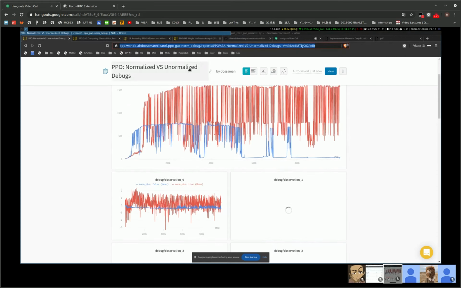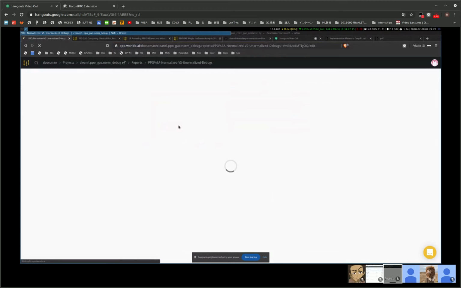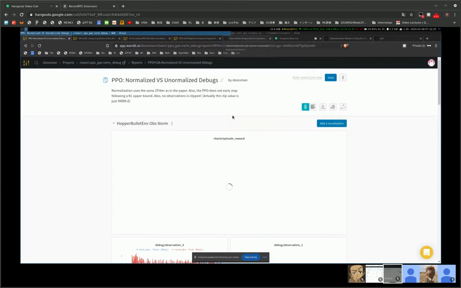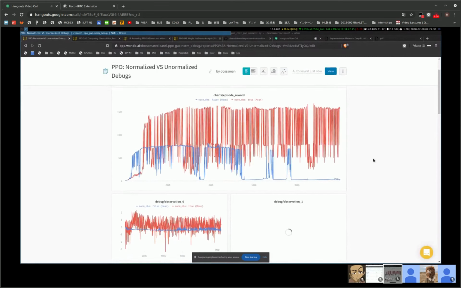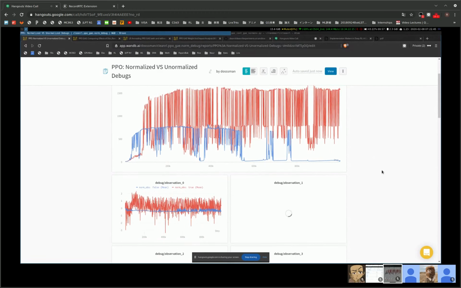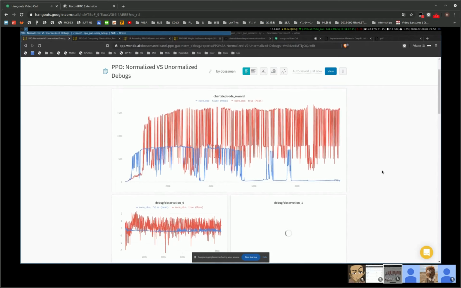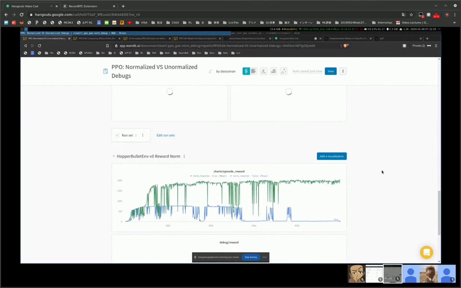I would imagine the reason is that the observation for the particular element doesn't change very much, so when it changes even a little bit, it's not going to show up as a really big change if you just look at its raw values. However, if you do the normalization, suddenly it's a huge change from its average. That's why it's more spread out, like what's shown on your image.